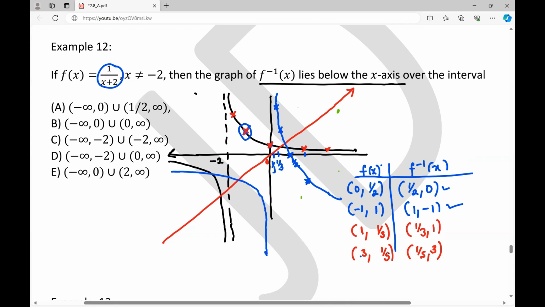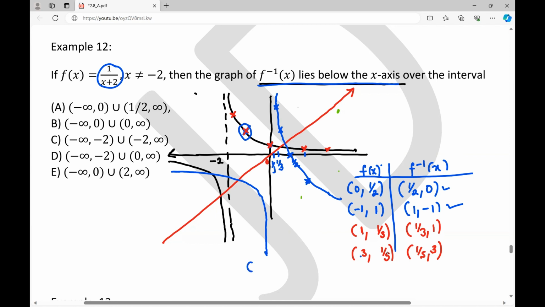So, but since we're interested in the region where F inverse is below the x-axis, all you need to do is take the part below the x-axis. And where are the part below the x-axis? Below the x-axis means less than 0. So you see the blue, this part, everything is still less than 0. It's still below the x-axis.